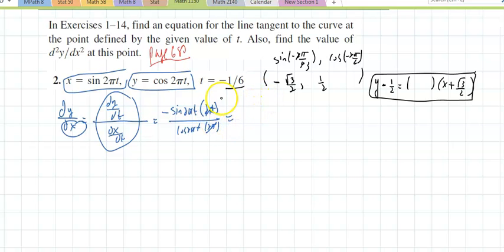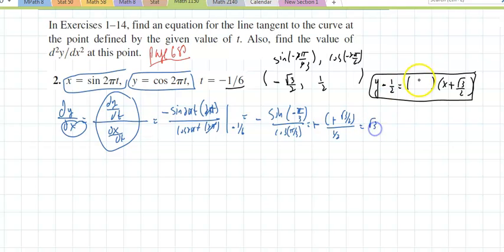And I'm left with, if I evaluate this at negative 1 over 6, negative the sine of negative pi over 3 over the cosine of pi over 3, and that will be negative a negative radical 3 over 2 divided by 1/2. That's a positive radical 3.